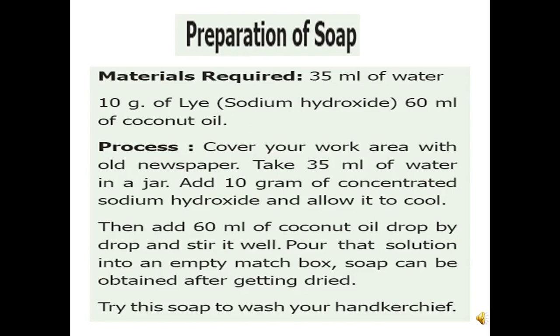Then add 60 ml of coconut oil drop by drop and stir it well. Pour that solution into an empty matchbox. That's it. Soap can be obtained after it dries. This is soap. Try the soap to wash your handkerchief.